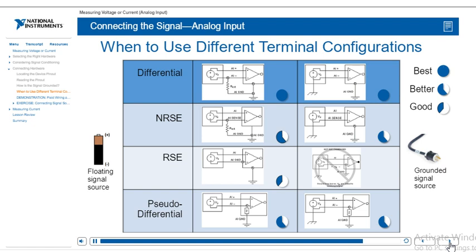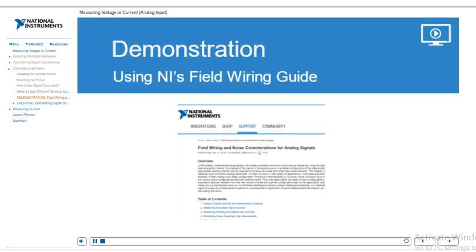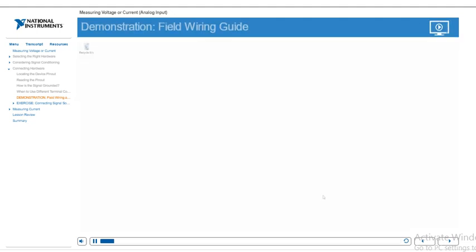In a demo that's coming up, we'll discuss a great guide that should be your reference for choosing your different terminal configurations when you're setting up your system. An important job aid that we have is the field wiring guide.